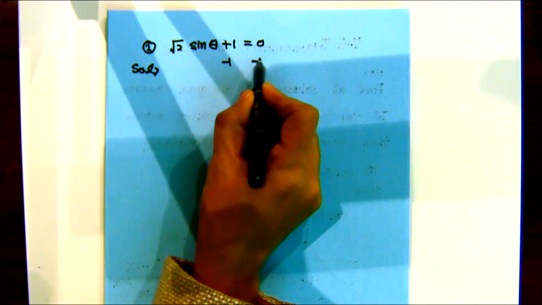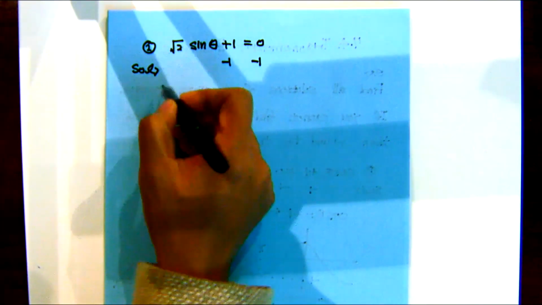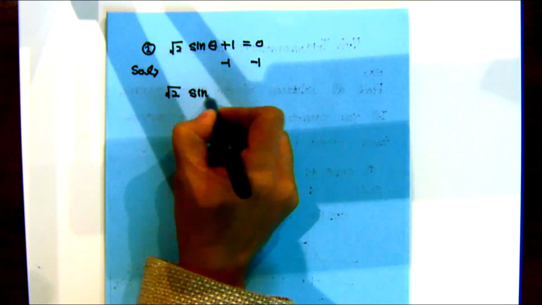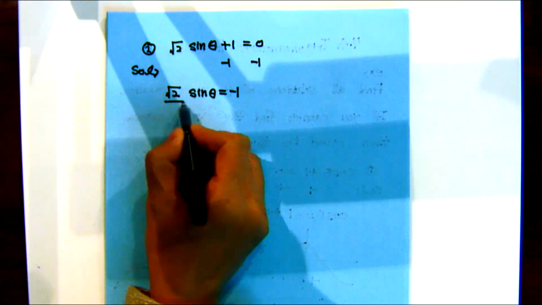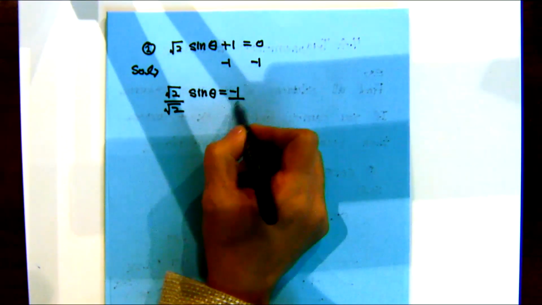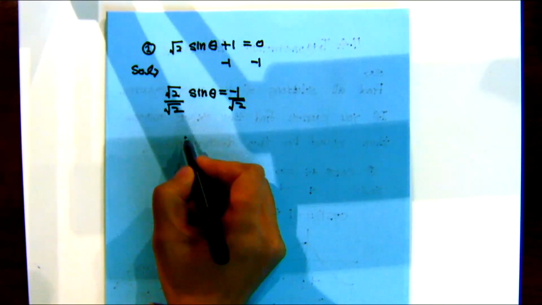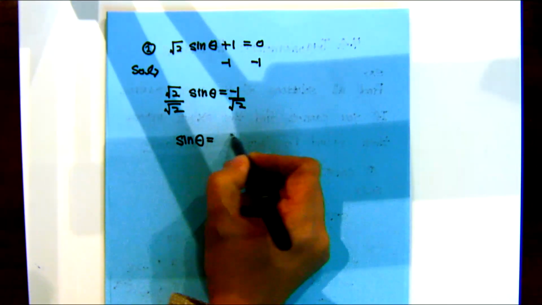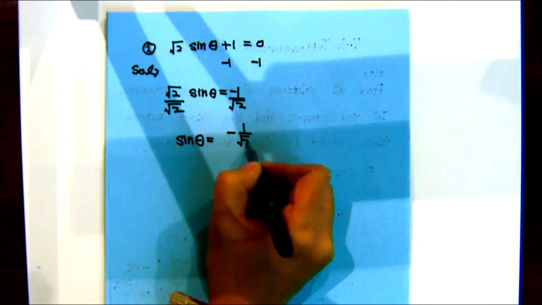So we will get sine of theta by itself on the left side. The first step is we will subtract 1 on both sides. The square root of 2 times sine of theta equals -1. And we divide by square root of 2 on both sides. Then we have sine of theta equals -1 over square root of 2.